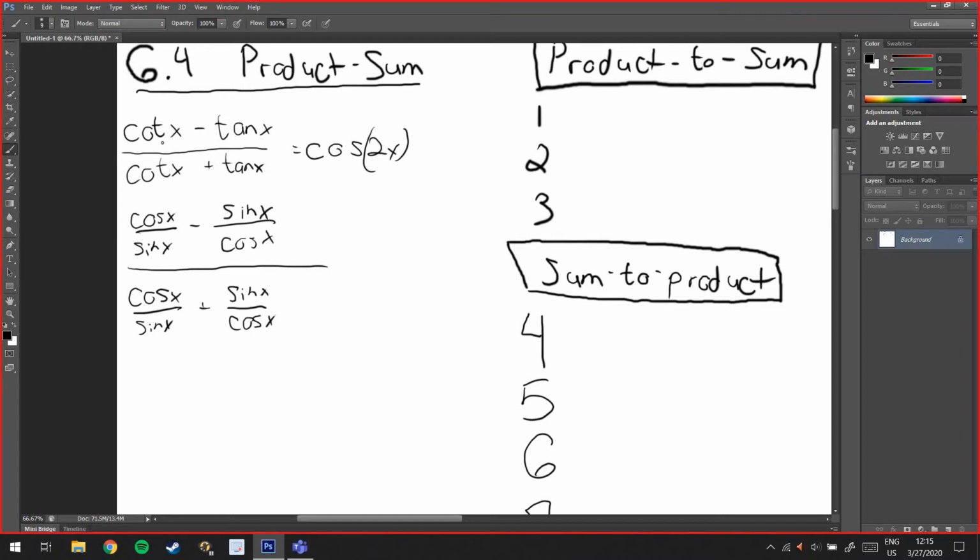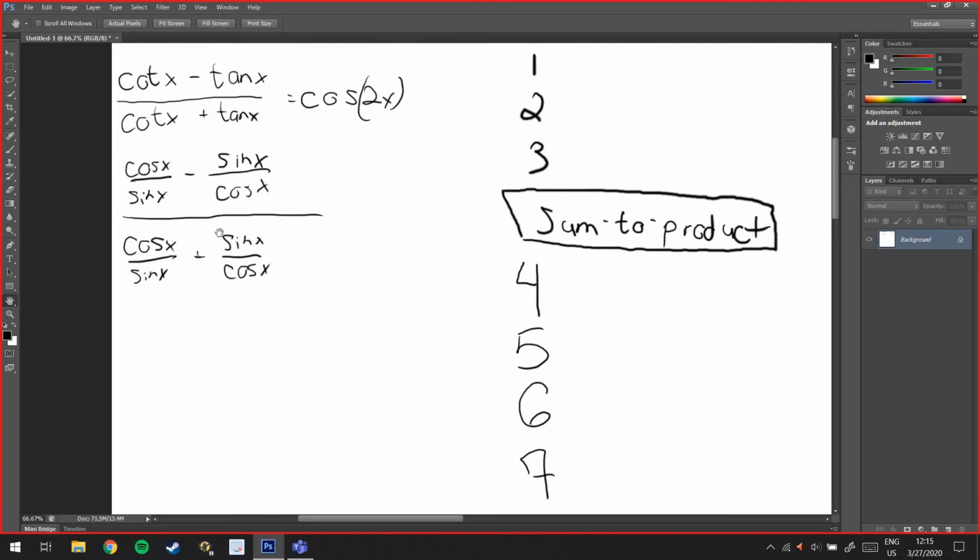If it was cotangent minus tangent over cotangent minus tangent, then it would be 1. We cannot combine these since we don't have the same denominator.